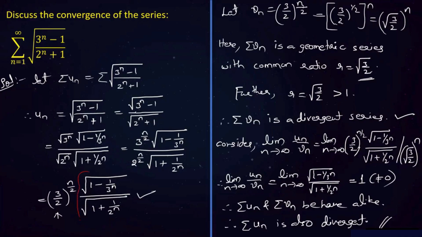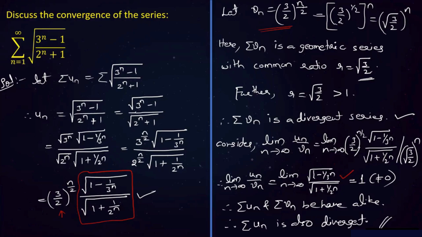If you keep this term aside, the remaining here is just vn only, whatever vn we have assumed here, correct? Now, in the limit form, you are dividing all this by its coefficient. So if you divide all this term by this particular term vn, obviously what remains was written here.